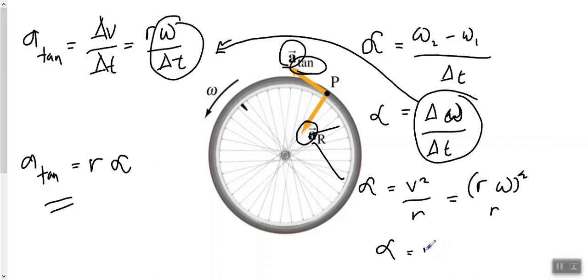We have r omega squared. The unit would be radian per second squared for angular acceleration, and for this one our unit would be meter per second squared.